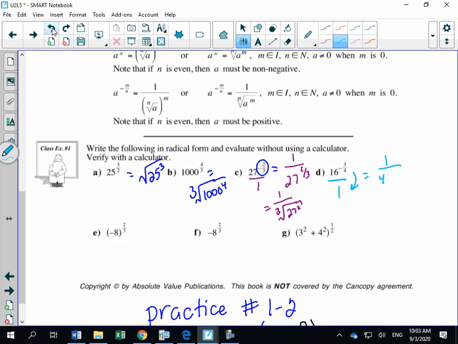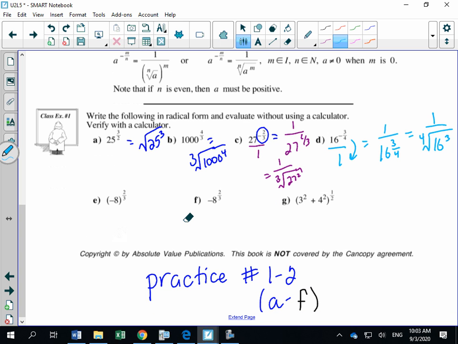Oh, before I do that. Okay, so that's 1 over 16 to the 3 over 4. That's equal to 1 over the fourth root of 16 to the power of 3. E, how we would write that in radical form is, because this is in a bracket, this entire thing is my radical sign.